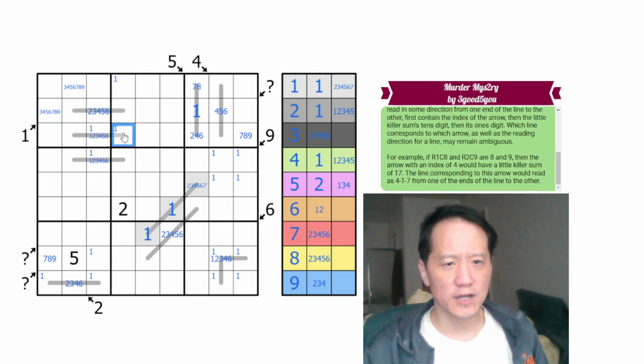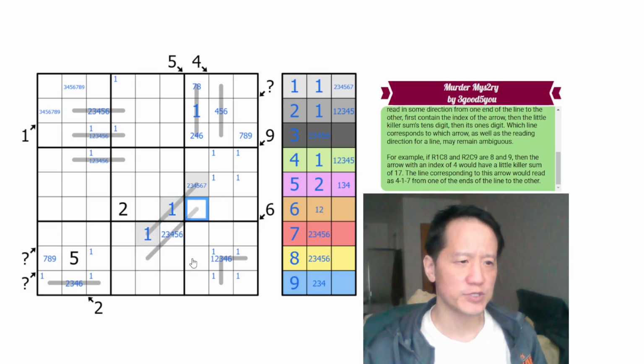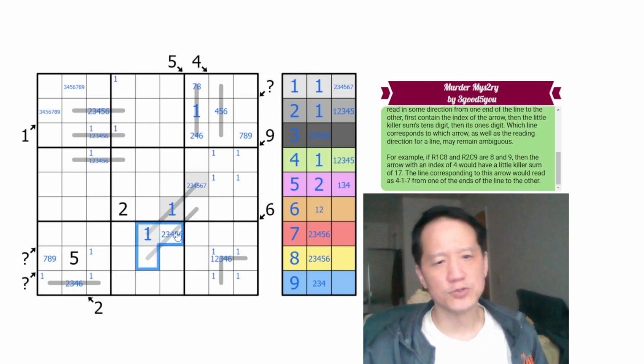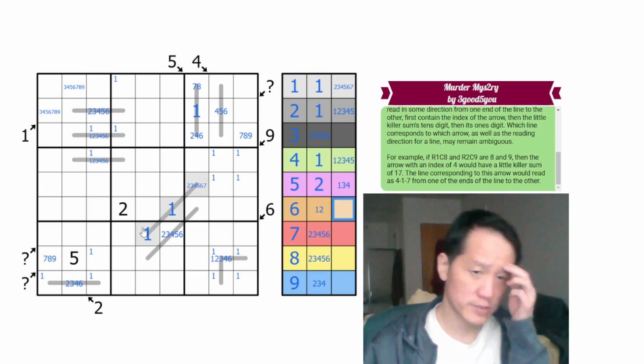Because all the lines are essentially, the tens digit sees the ones digit, except for this one, and this can't be 2, 2 specifically, and it can't have a 1 either. So there's no 2, 2 in any of the spots.